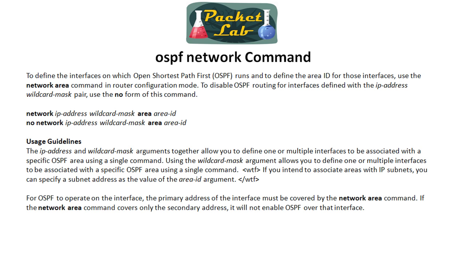It's kind of telling you that the wildcard mask is going to be the powerful bit here. And I've got this bracketed by what the heck, because I don't understand what they're talking about here. It says, if you intend to associate areas with IP subnets, you can specify a subnet address as the value of the area ID argument. The only thing I could think of here, and this is a little bit off topic, is that when you specify an area ID, you can specify it as a dotted quad, basically.